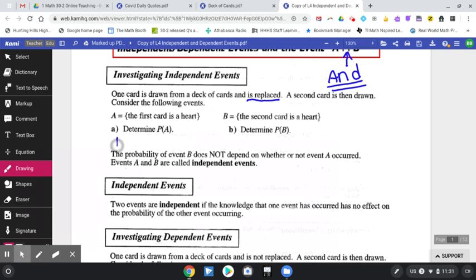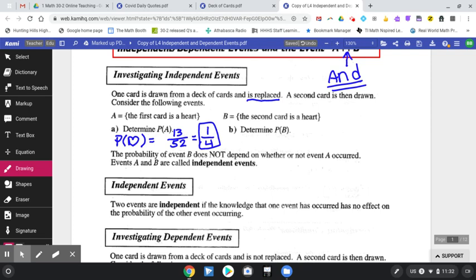So probability of drawing a heart would equal 13 out of 52. And of course, we can reduce that down. We always want simplest form, 1 out of 4. Now, basically, remember, we're saying 1/4 of the cards are hearts.